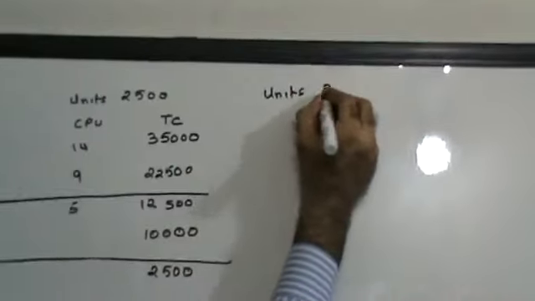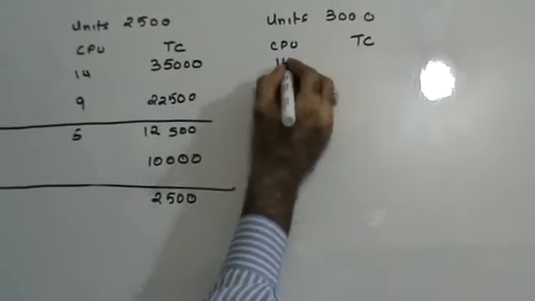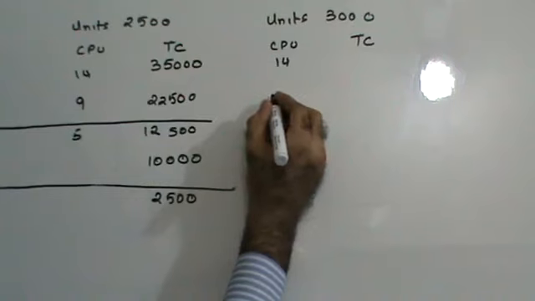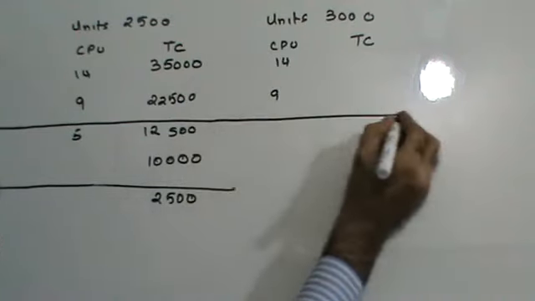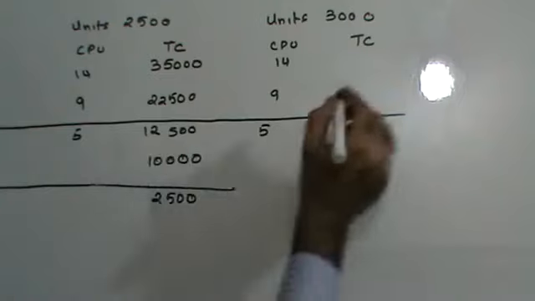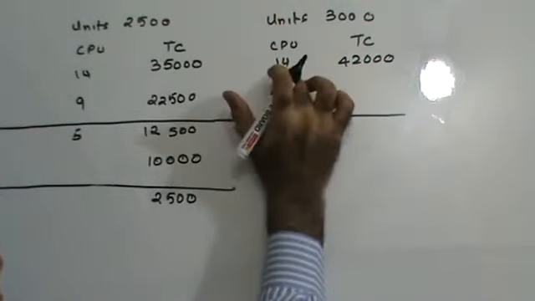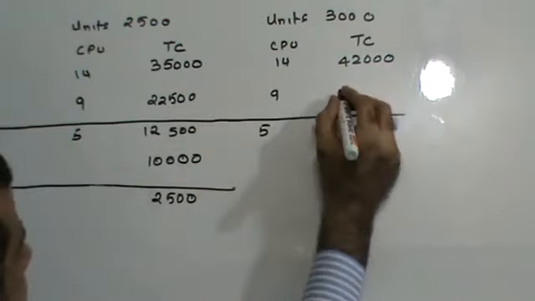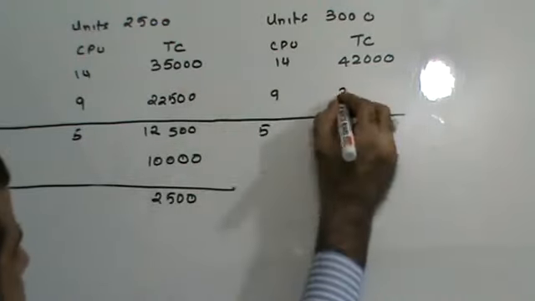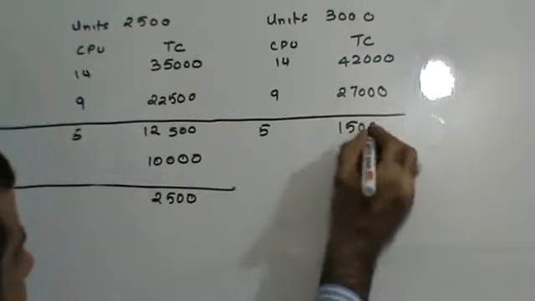Next, they've also asked you for 3,000 units. The CPU remains the same. Irrespective of increase in the number of units sold, the CPU will remain constant. Fine, do we get this? Now, 42,000. Guys, how did I get 42,000? 14 into 3,000. Similarly, 9 into 3,000, 27,000. 5 into 3,000, 15,000.